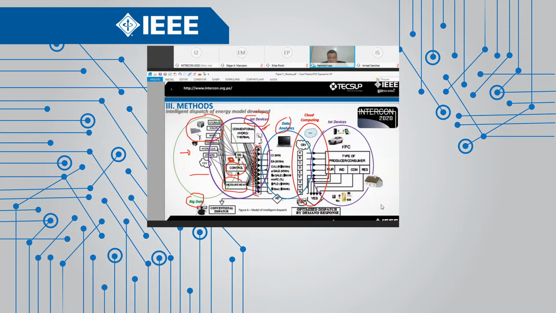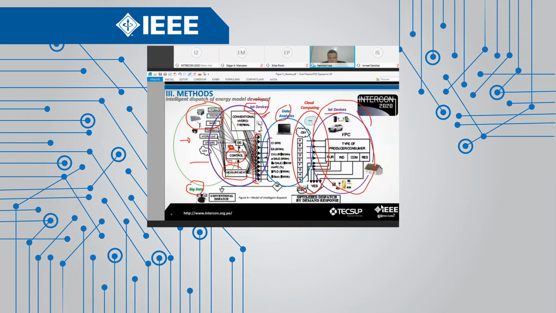All this data will be sent to cloud computing, and we have a connection with these consumers by IoT devices too. All right, and for example, we can choose the type of prosumers, rural, industrial, commercial, or residential, and if it's possible, we can optimize the dispatch by demand response. We will proceed with this type of control. If not, we will try the conventional dispatch.